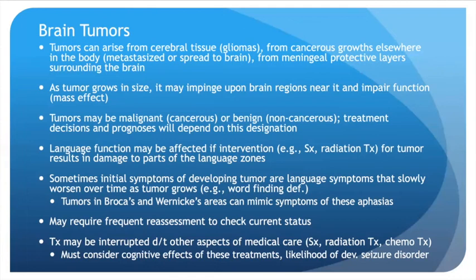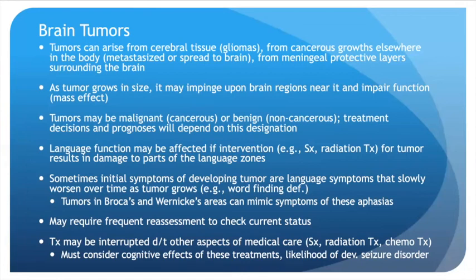If the diagnosis is malignant, then there will likely be more pervasive surgery, potentially radiation and/or chemotherapy, depending on the TNM level, the tumor node metastasis level, or the cancer stage. Language function may also be affected if the intervention, such as the surgery or the radiation therapy for the tumor, results in damage to parts of the language zones. So sometimes the actual treatment can result in deficits.